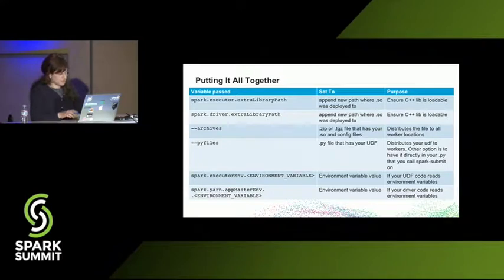The --py-files is another option for how to pass your data. If you wanted to split your executor and driver Python code into two separate programs, you would pass that separately. And on the bottom, you were able to set the environment variable with spark.executorEnv.<environment variable> for your executors, and you set spark.yarn.appMasterEnv.<environment variable> for the driver that's running on the application master.